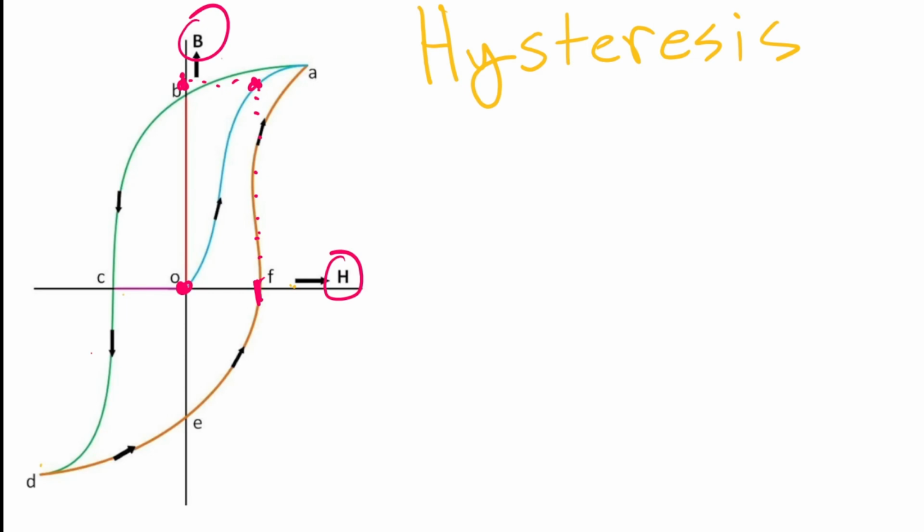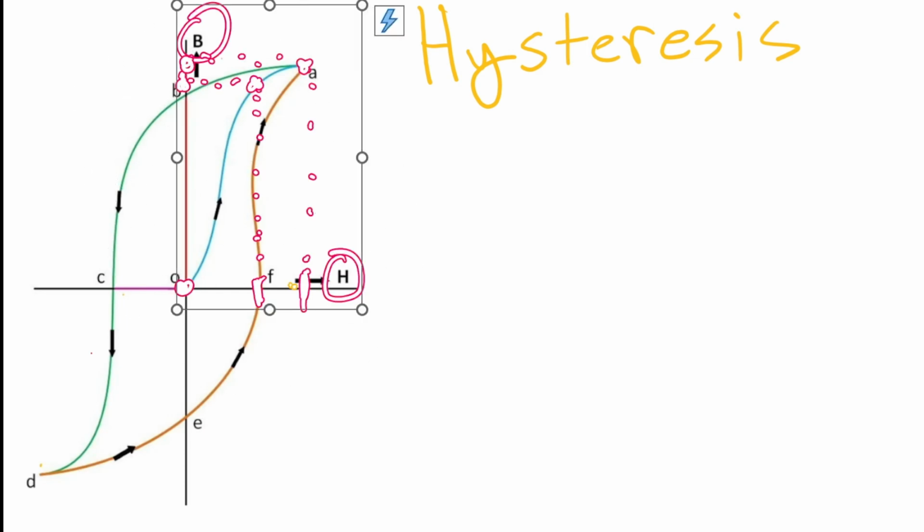But then if we were to increase our input signal further to here, our output is only going to increase just a little bit. And that's because we're in the saturated region, which causes this distortion on our signal.